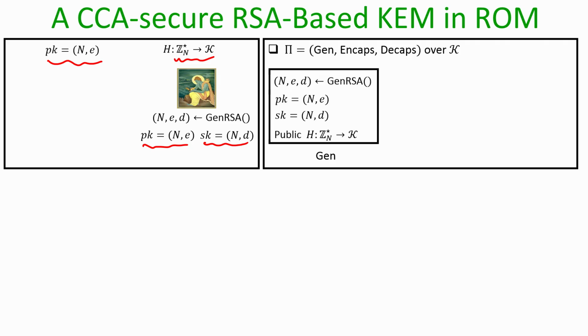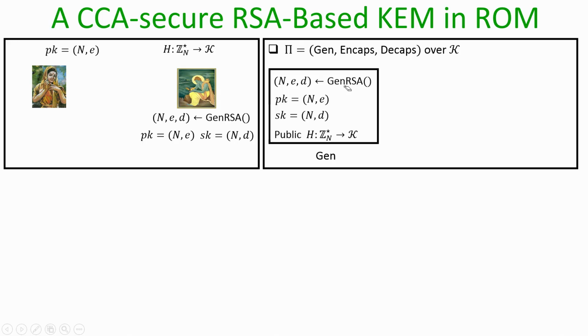So, that is the key generation algorithm of the key encapsulation mechanism. Run the RSA key generation algorithm, set up the public parameter, retain the secret key, and along with that make the description of the key derivation function public.